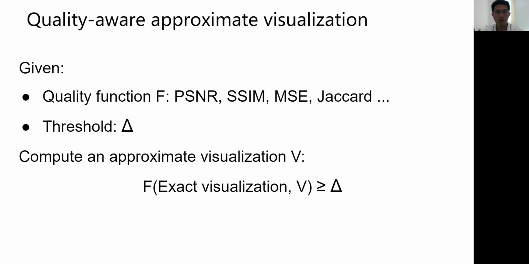Also, we need to know what kind of approximate visualization is good enough to users. That is the threshold of the quality. We denote it as delta. So the purpose of quality-aware approximate visualization is to compute a visualization with quality no less than the threshold in the given function f.